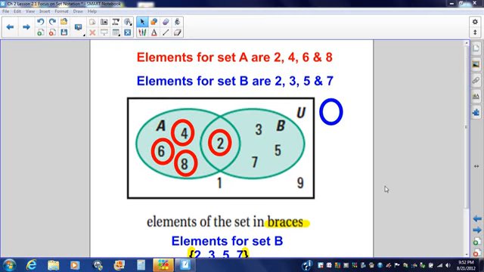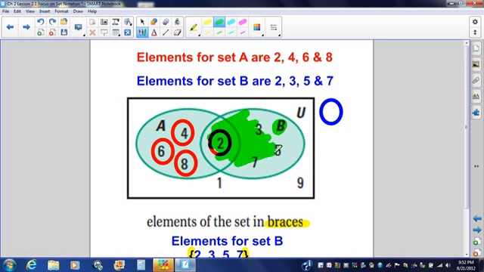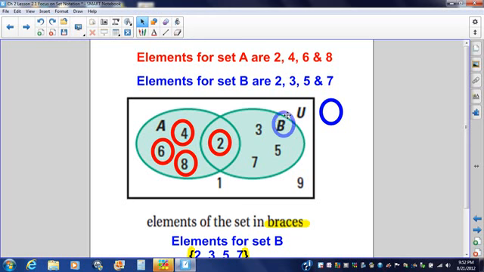Okay, if you would, please write down the elements for set B. Anything in this highlighted area is going to be an element of set B. But Mr. Phillips, 2 is already in A. That's okay. Sometimes we can share an element. I'm going to put the elements of set B in blue.